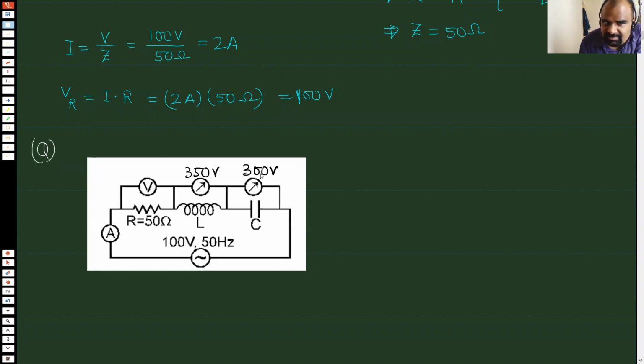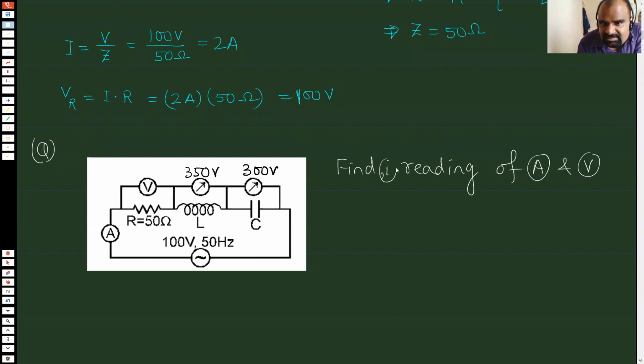This is all given, every reading is given. Now you have to find many things. First thing is to find the reading of the ammeter and voltmeter.